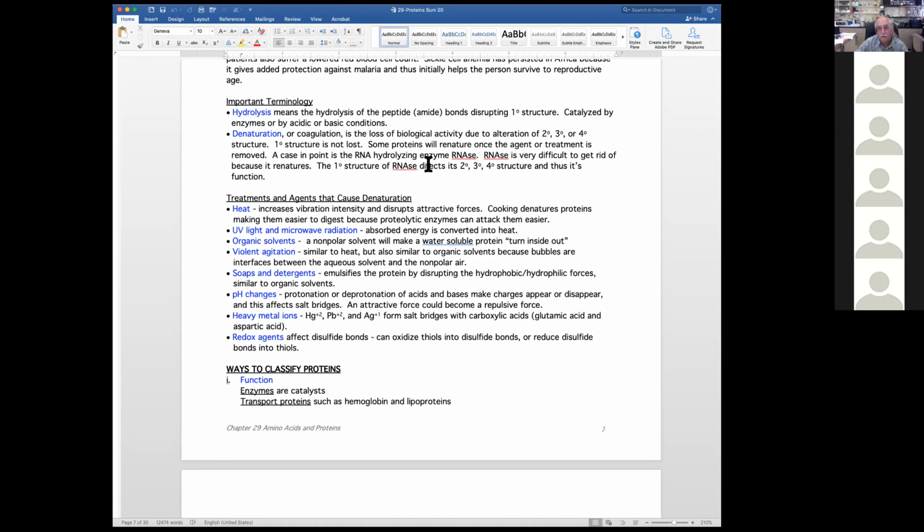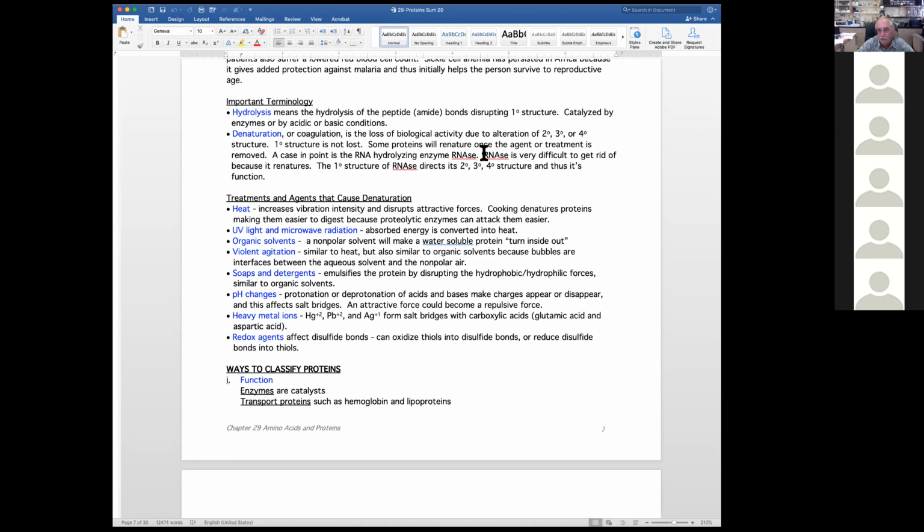Some proteins will renature once the agent or the treatment is taken away. So RNase, if you've ever worked with RNA, you'll find that RNase is simply everywhere in the environment because of bacteria and mold and everything else. It's really difficult to get rid of.